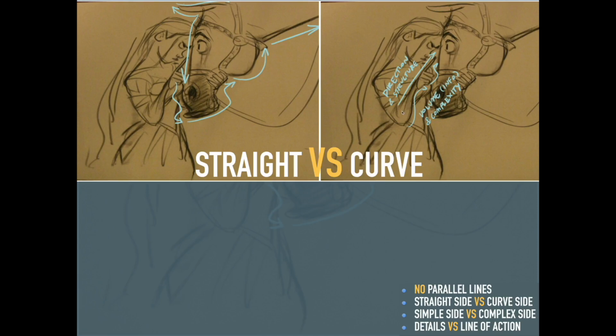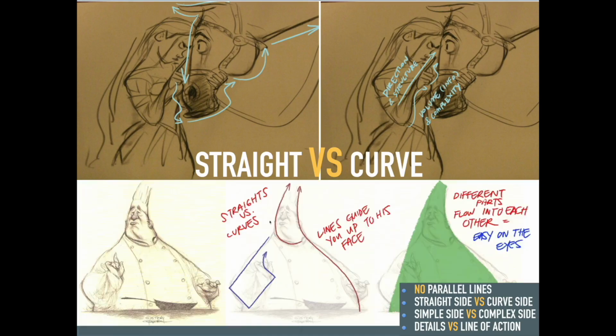When they are both side by side, they create an illusion of contrast and volume. Here's another example of straight lines versus curved lines that create a nice contrast in the overall shape and help your eyes to follow the lines.